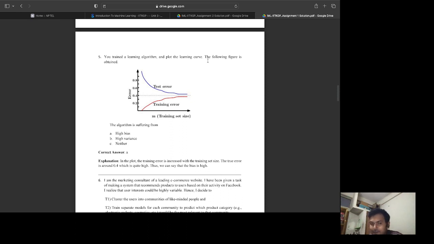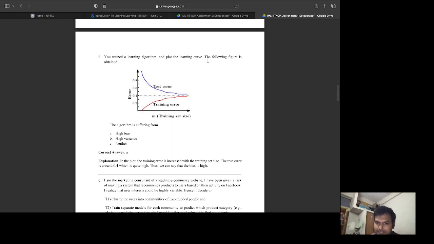The idea is if your training error increases with the training set size, that means your model is not learning from whatever data you have given it, and therefore that is a high bias region, okay? And so here, if you see what they have given in the question, I am now talking about the assignment, okay? You trained a learning algorithm, okay?